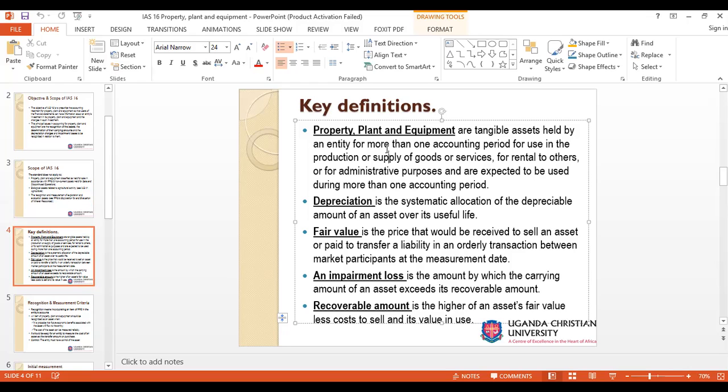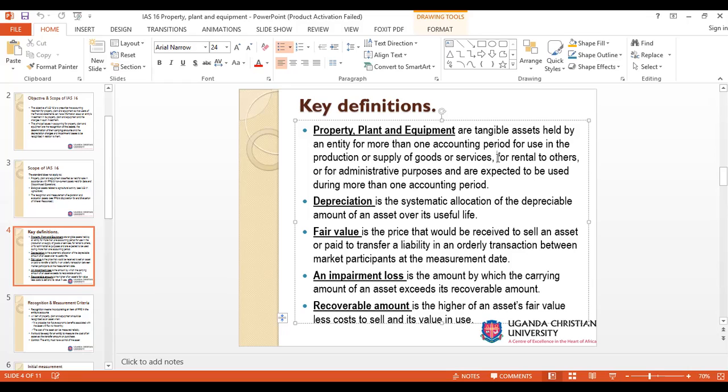For production of goods and services, like in manufacturing, when you are using the premises to manufacture, they are part of property, plant, and equipment.